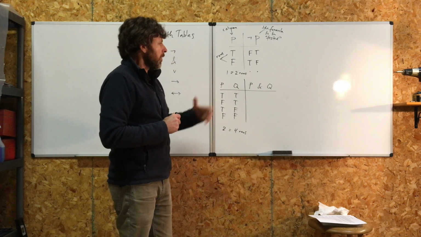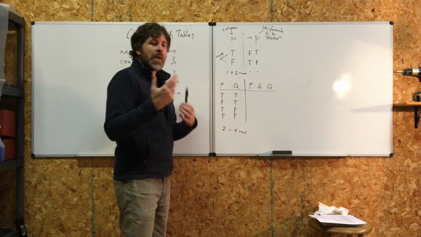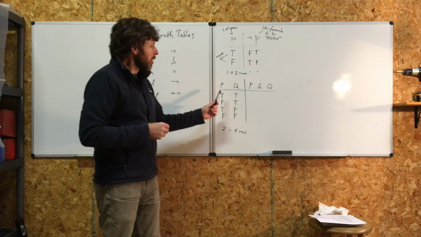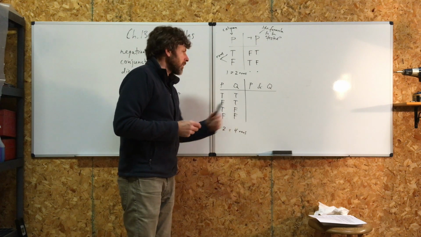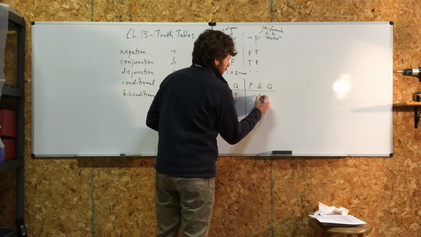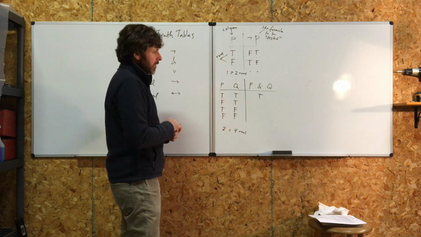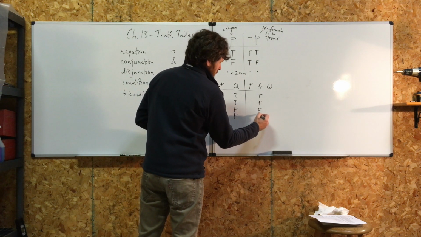Conjunctions are only true when both conjuncts are true. What that means in a truth table situation is that only one row of these 4 will come out to be true. And it's the first one, where both conjuncts are true. Makes sense there? All the other ones will be false.